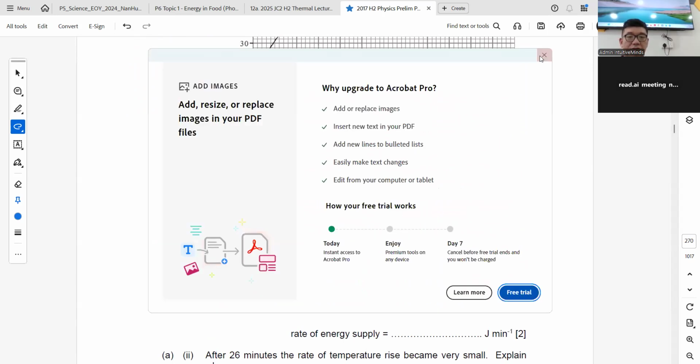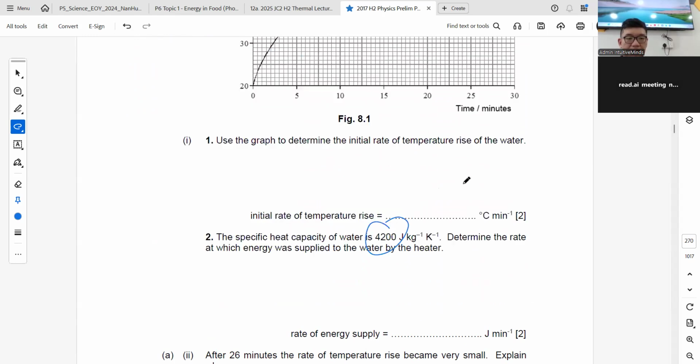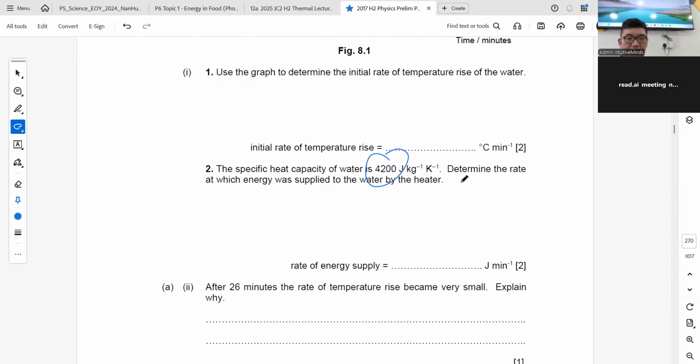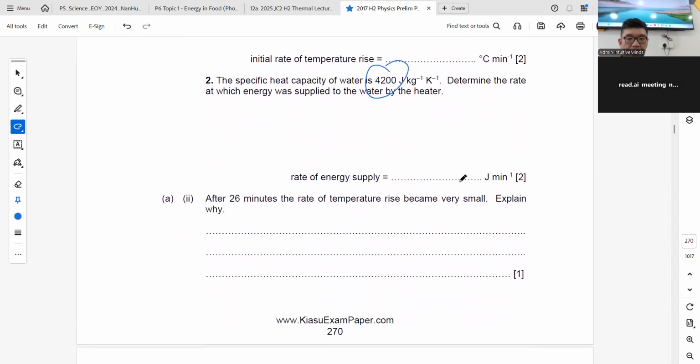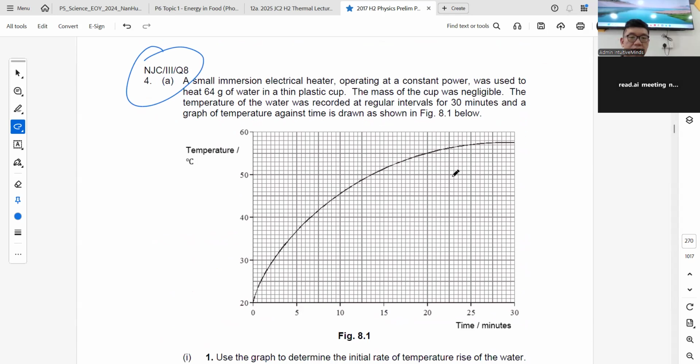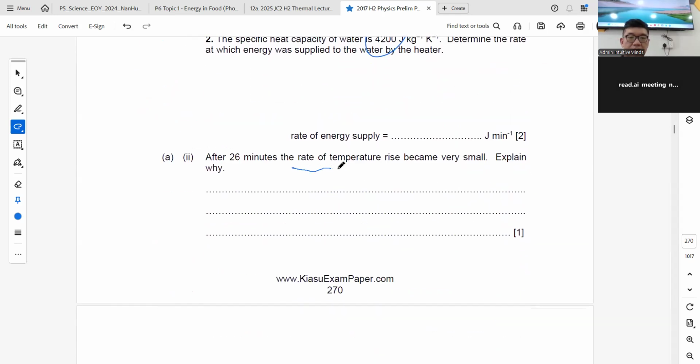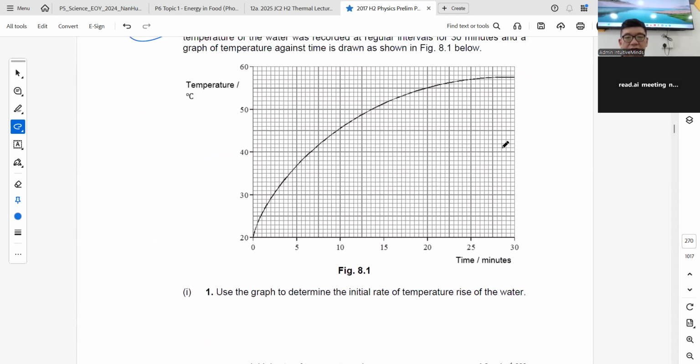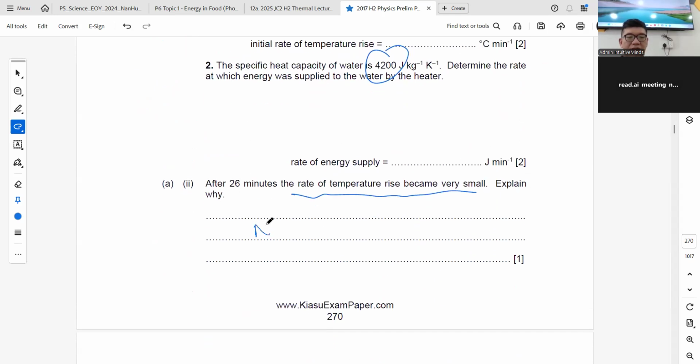We have this. Rate of temperature rise becomes very small. It is not boiling. If the first answer that comes to your head is, oh, it must be boiling, it's not boiling.